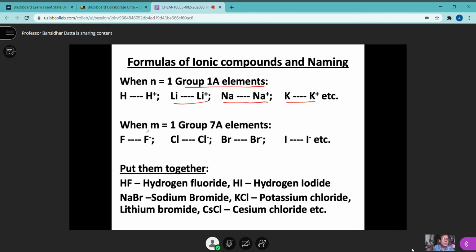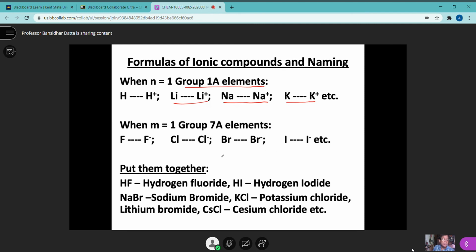Now if you have m equal 1, that's group 7A elements: fluorine, chlorine, bromine, iodine. They will take 1 electron each, the electron lost by the sodium, potassium, or lithium. They'll become F minus, Cl minus, Br minus, and I minus.